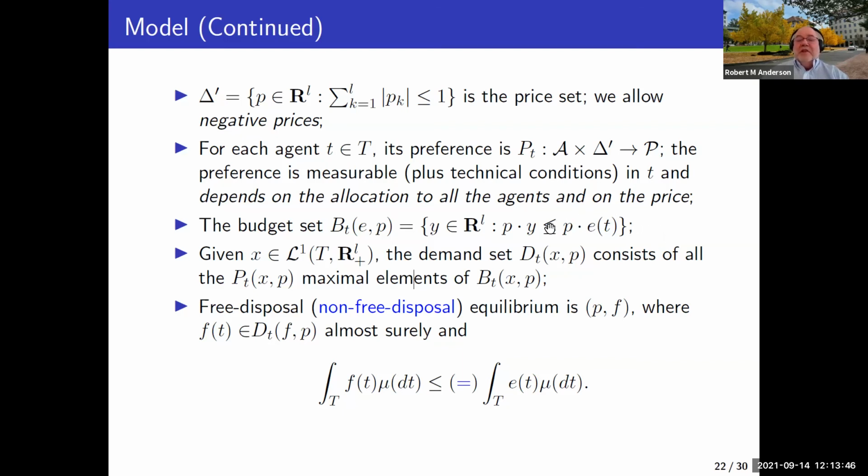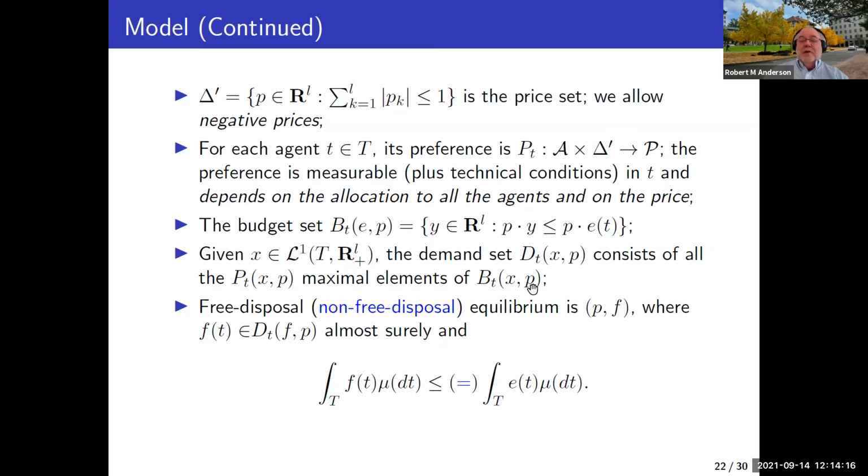The budget set is then the set of all consumption vectors that you can afford by taking your endowment, selling it, and going and buying commodities. And given an allocation of goods to all agents, the demand set of agent T consists of all the things that maximize the preference over the budget set, where the preference depends on T. So P has two roles.